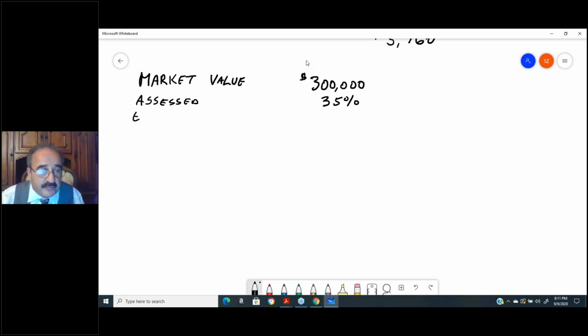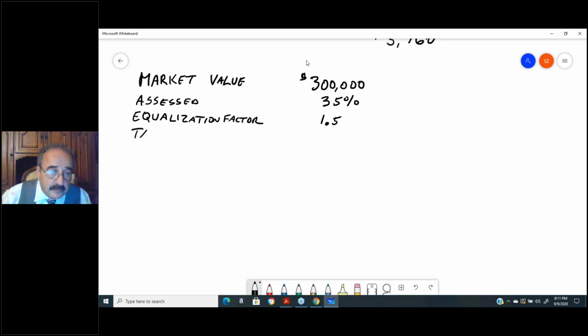We have an equalization factor. Now, not always you're going to see the equalization factor. On the Illinois law portion, you will. On the national portion, you will not. So if you don't see it, you just skip that step. Equalization factor in this case will be 1.5. The taxes is 40 mils.